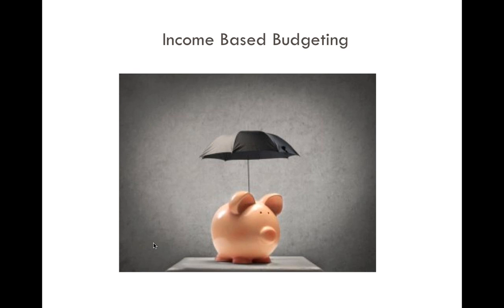You want to know exactly what you're going to be able to do over the course of the year to fulfill what you set out to create. Income-based budgeting is my preference. I think that it is the safest and the most reliable in terms of really knowing what your year is going to look like. However, there are other approaches to budgeting that are commonly used by small and mid-sized groups.